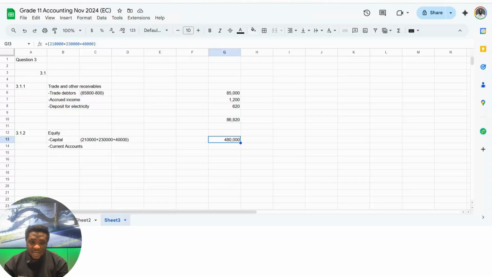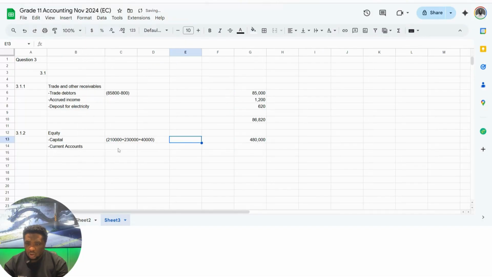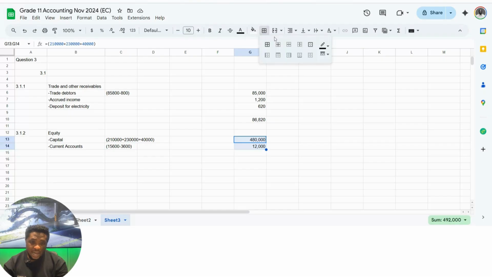So our current account in this case is going to be 15,600, and then you would subtract the 3,600 for the fact that the other account is on the debit side. So our current account adds up to 12,000. And then what we do is that we would add up our equity.